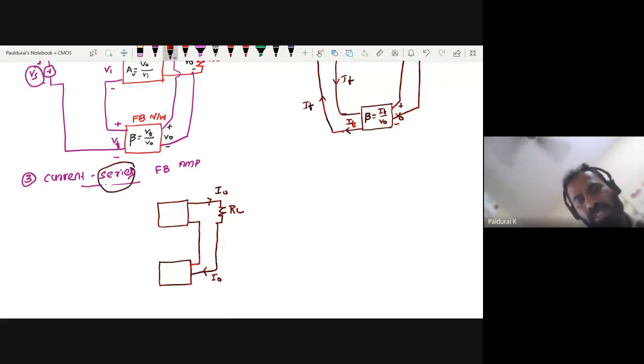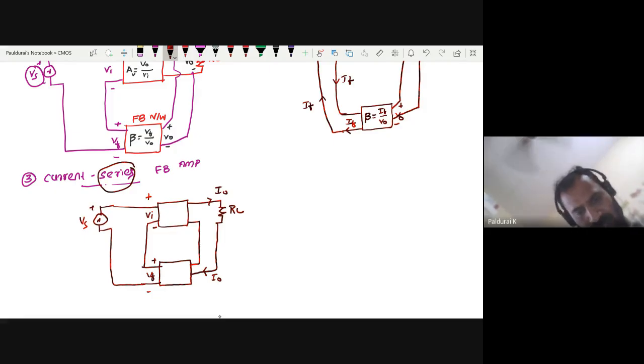Input is series mixing. Series means you go with a voltage source. Here it is voltage, so here also you take voltage VF. This is my Vi plus minus, Vs plus minus. Here the quantity: output is current, input is voltage, so you may call it transconductance GM. Here beta: output is voltage, input is current.